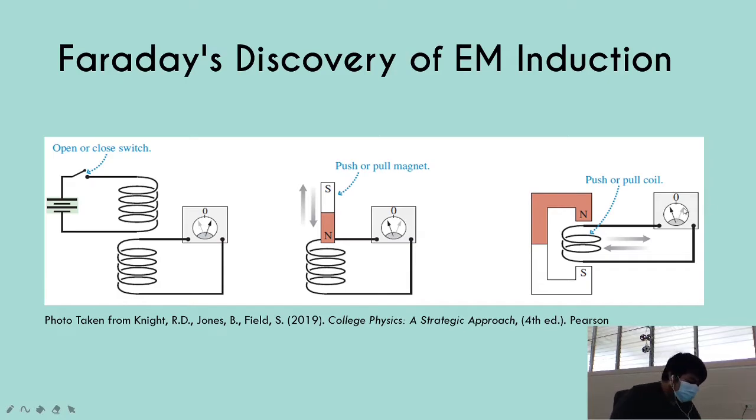So from those observations, he postulated that the change in the oscillations in the magnetic field also induced a current on the coil.